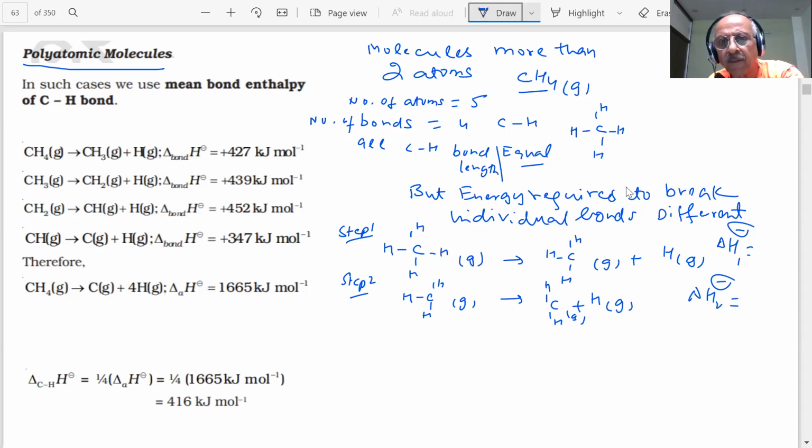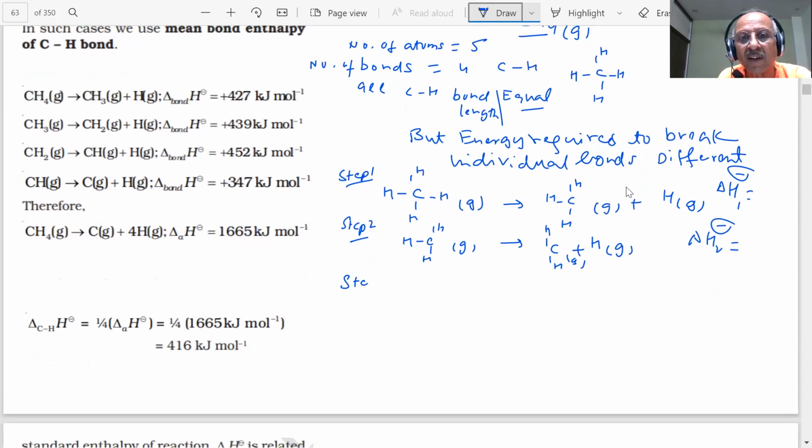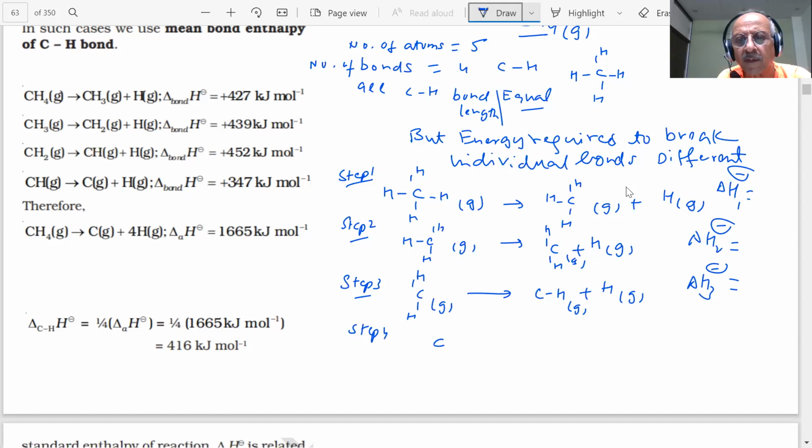In step 3, you have CH2 gas. This will break to give CH plus H. That will be delta H3. Finally, step 4: this will break to give C gas and H gas.